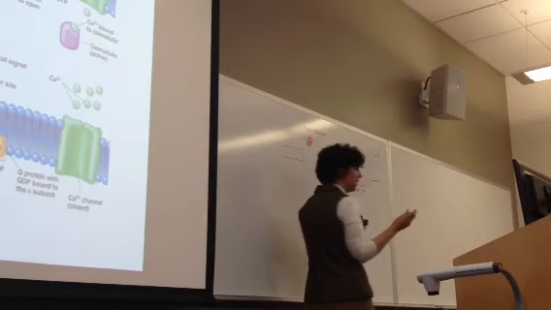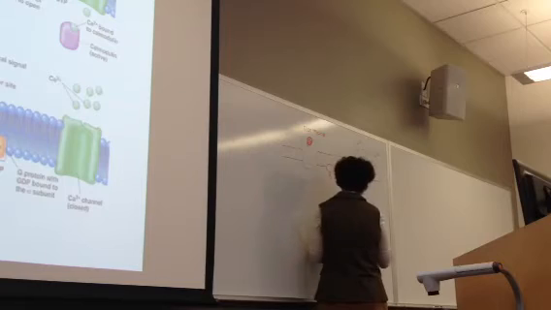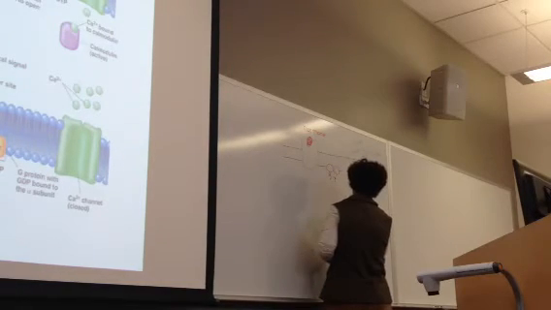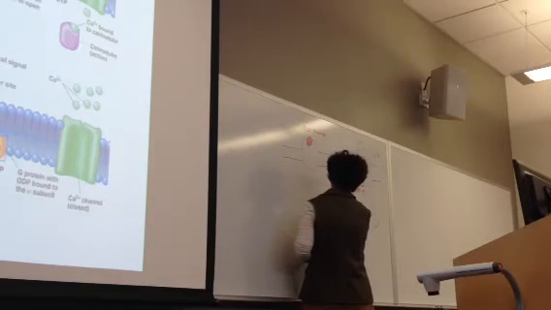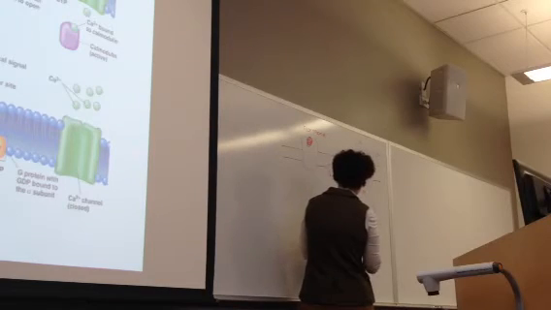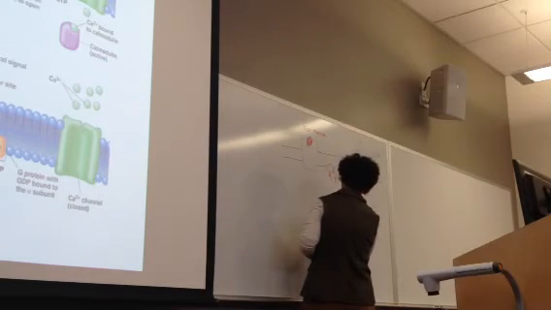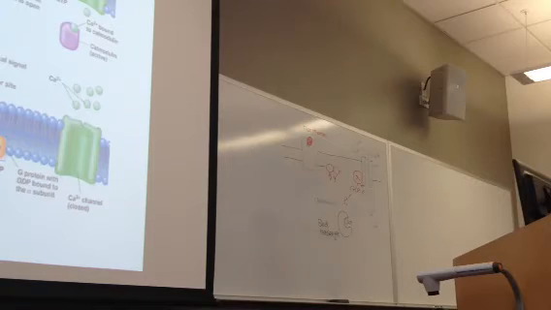So the second messenger is actually calmodulin plus the calcium. And as such, that now can diffuse throughout the cell.